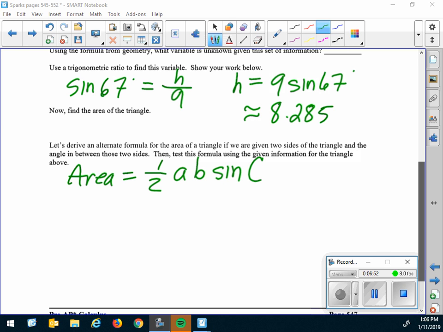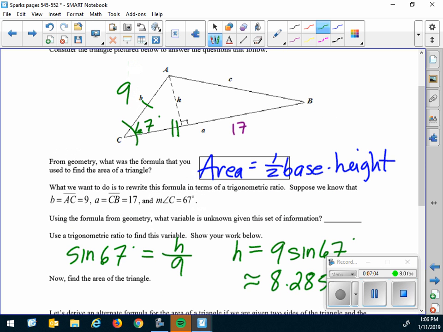So, right before lunch, we came up with this formula. Now, there are two other ways that you can write that formula based on the sides that you are given and the angle that you are given. So, let's go back up here. If you were given these two sides, what angle would you need to know?